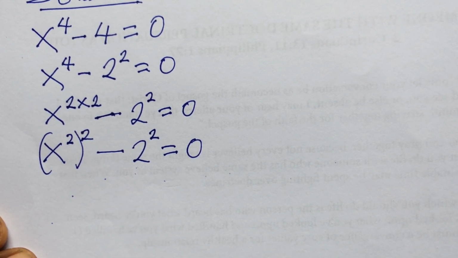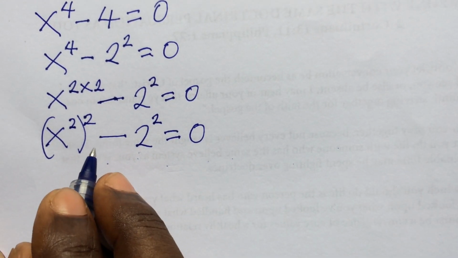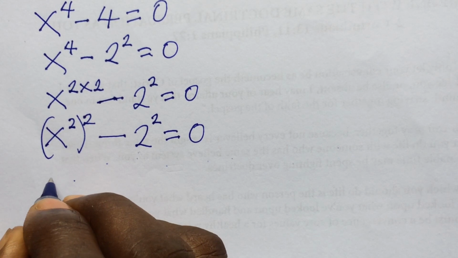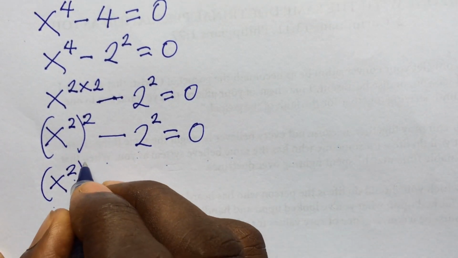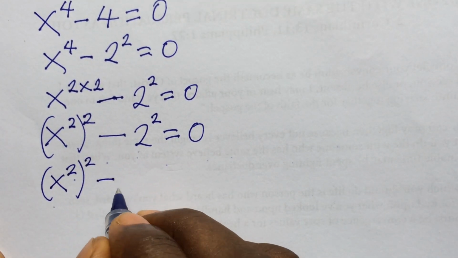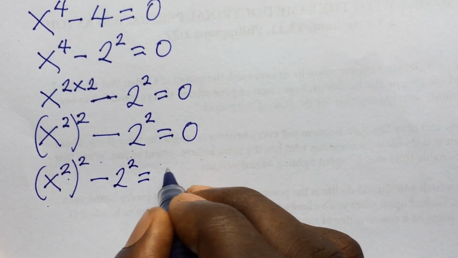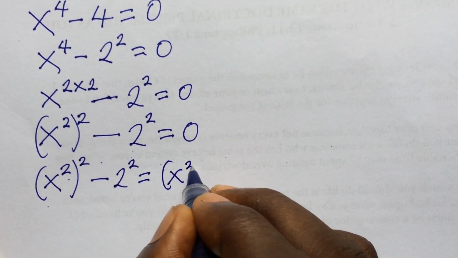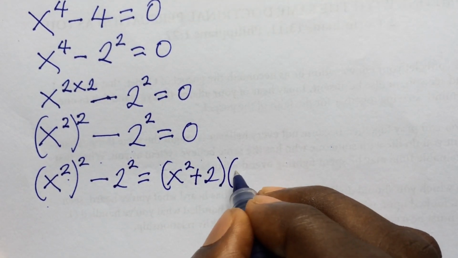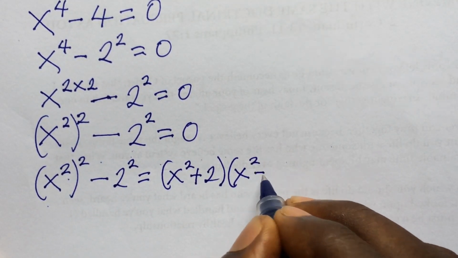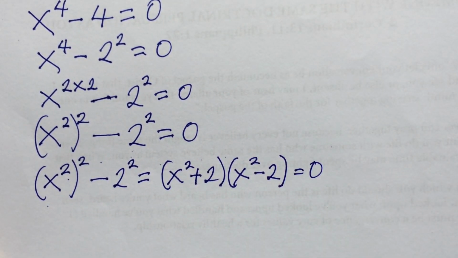So if we go ahead to apply that rule, we're going to have x to the power of 2 close bracket to the power of 2 minus 2 to the power of 2 giving us bracket x squared plus 2 close bracket, bracket x squared minus 2 close bracket, everything equal to 0.